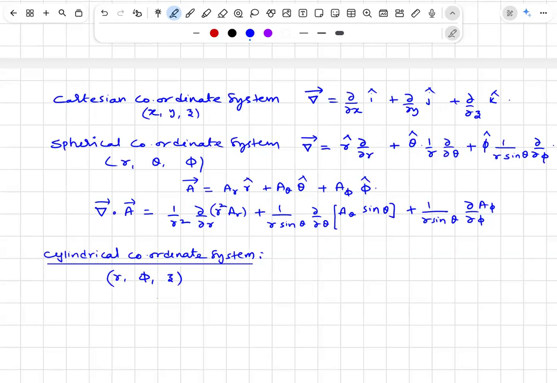You know already: r is the radial distance, phi is the azimuthal angle, and z stands for the height. Del bar is the same, as if I am writing the same thing.